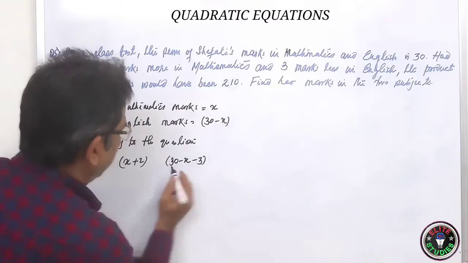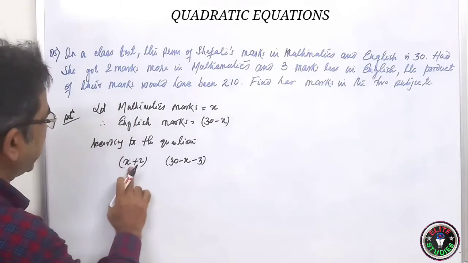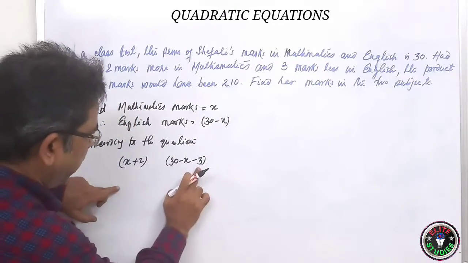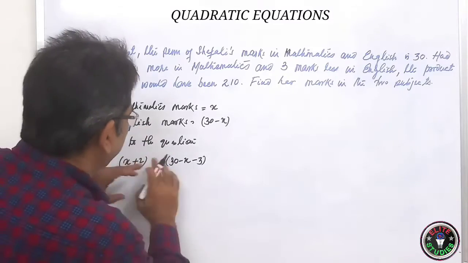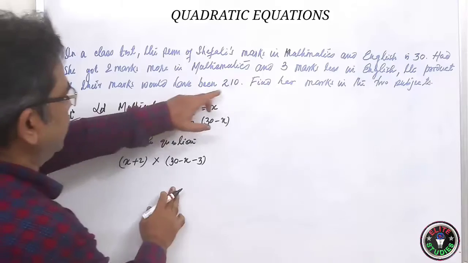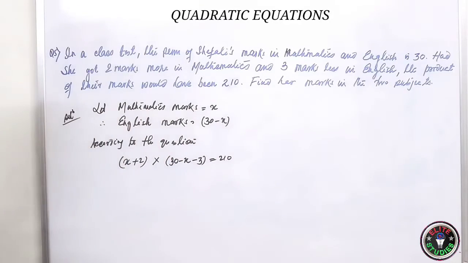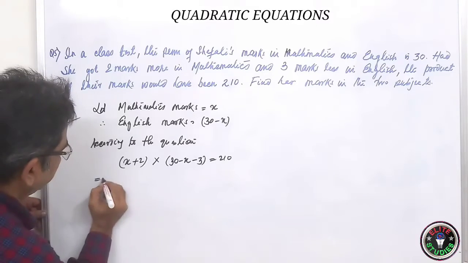So now you see, according to the question, 2 marks are added to mathematics and 3 marks are deducted from English, then their product will be 210. The product is 210. Simplify.